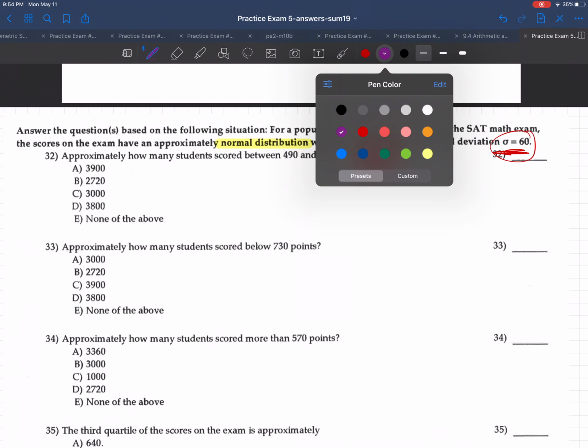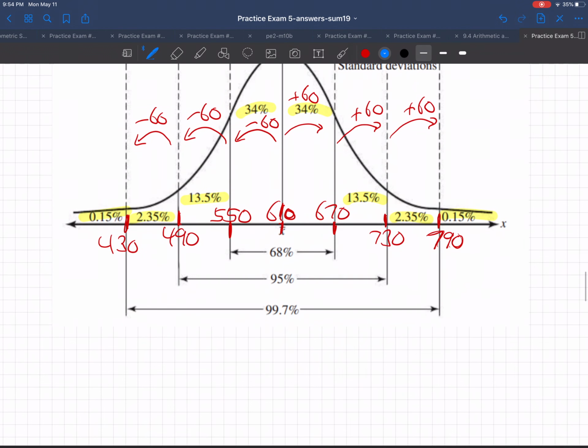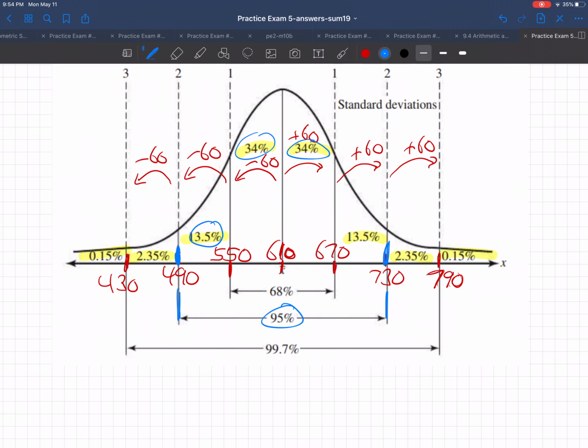Here's the first one. They say, how many students scored between 490 and 730? So 490 is right here, and 730 is right here. Well, look at this. 95%, huh? Or you could just add up this percentage, this percentage, this percentage, and this percentage, which are all the ones between those two lines, and you would get 95%, same thing.